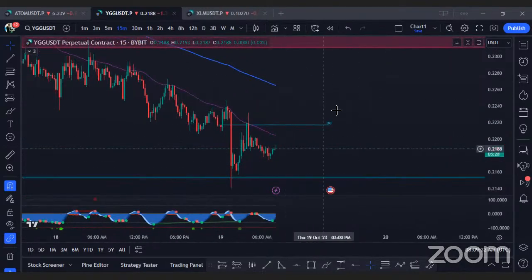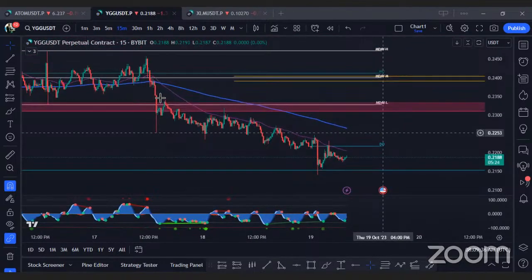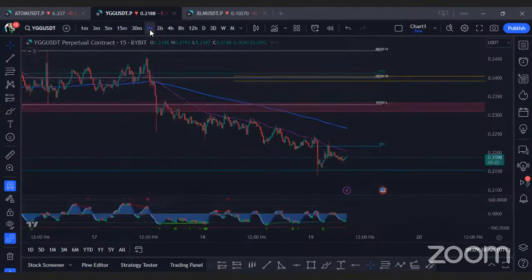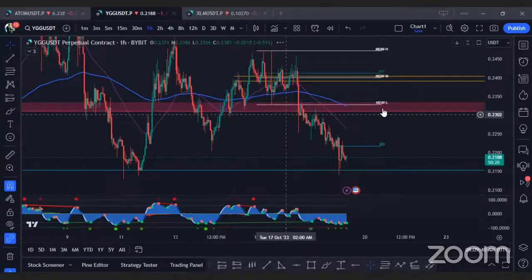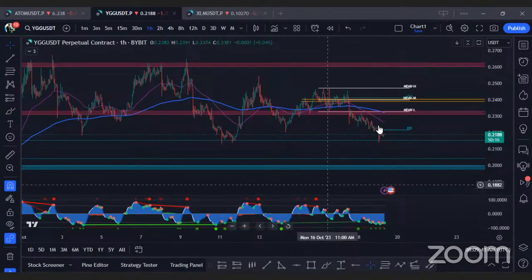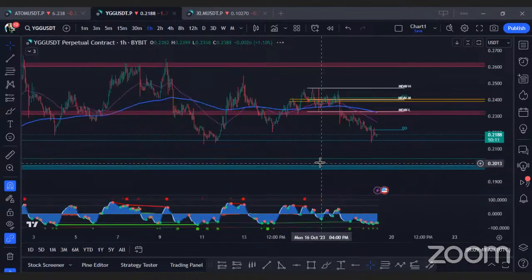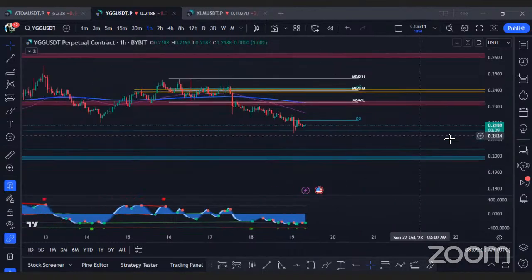From here, you could take a long for YGG, but I would not do that at the moment. You could take a long trade from here, but I'm not doing that, guys. Wait for it to come down to that zone. The 19-20 cent level is the area where I want to take YGG to the upside.